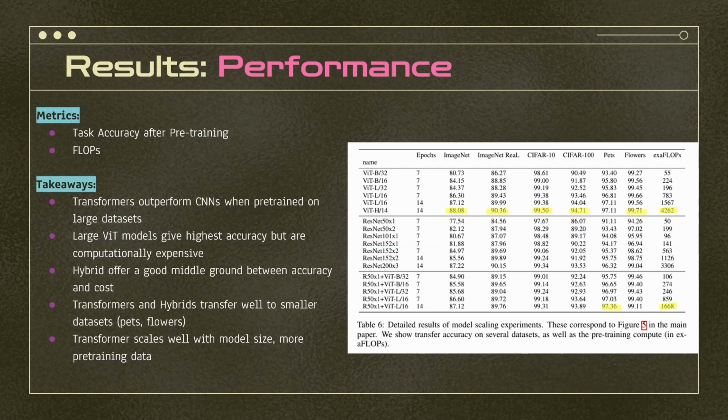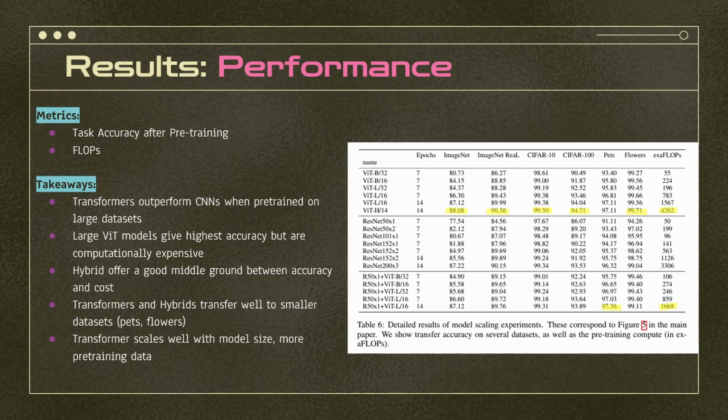So now we'll start with the results. As far as performance results, the metrics in our chart are task accuracy after pre-training, and our flops are floating point operations. Some good takeaways here. The vision transformers perform better than CNNs when pre-trained on large data sets.